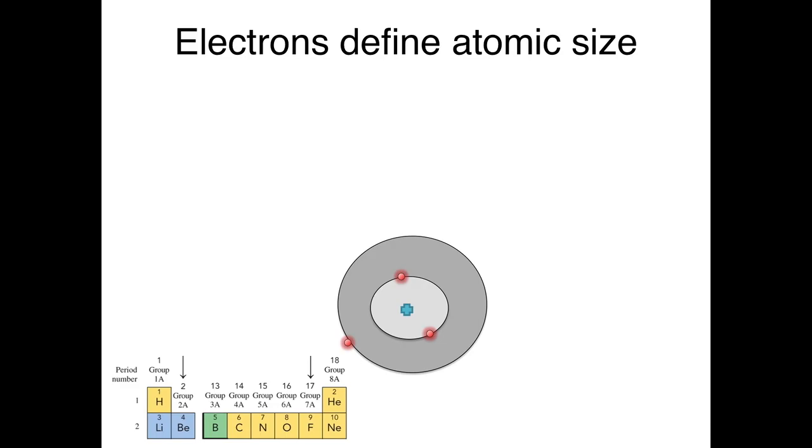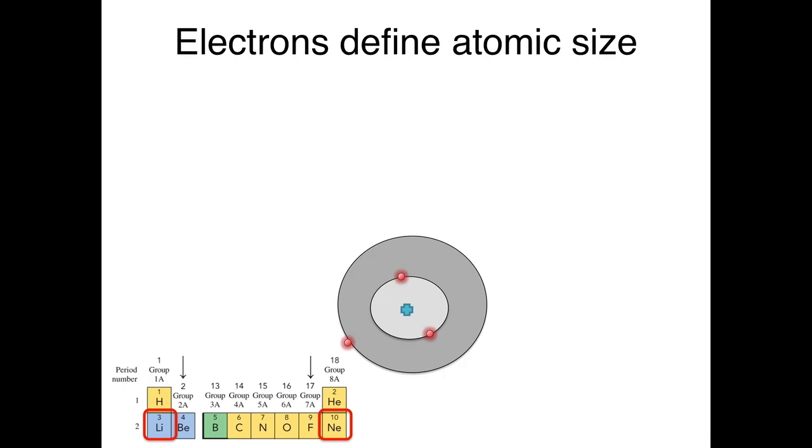What about if you were going left and right in the periodic table? As an example, if I was going from lithium to neon, going from left to right, I can't use the previous argument that I'm going into a different shell. Since I'm staying in the same row, I am in the same electron shell.